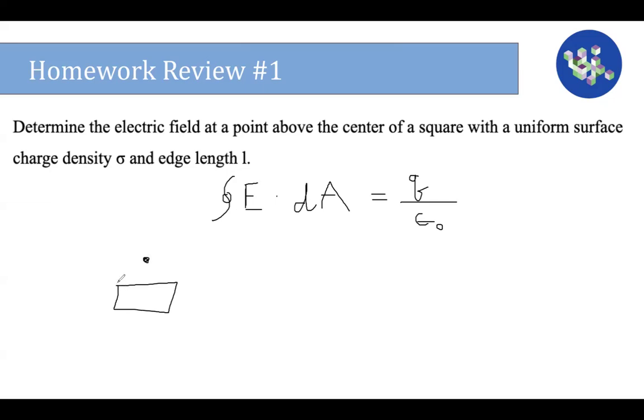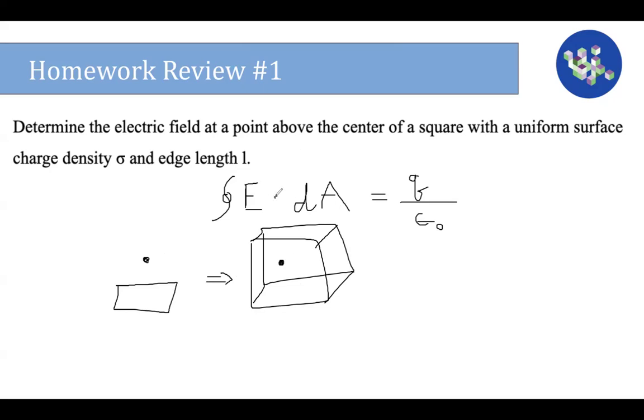Basically we can construct a cube around this point. This cube will have a center at this point, and one of the faces will be the square that we're given, right?